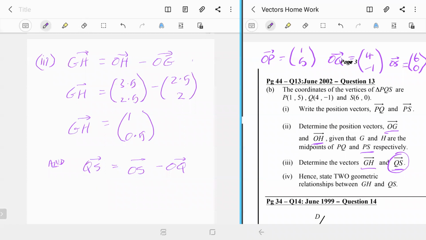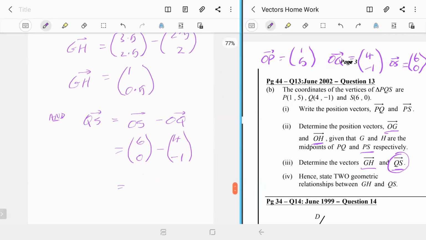What is OS? OS over here is 6, 0, minus OQ, which is 4, -1. Work it out. That becomes 2, 1. That is QS.